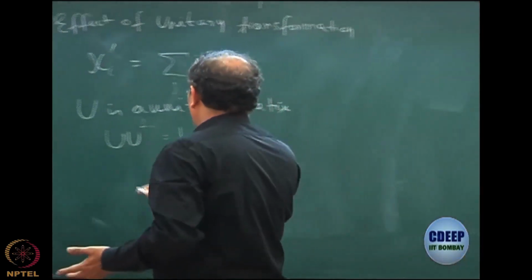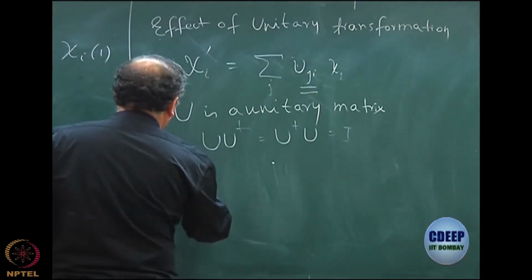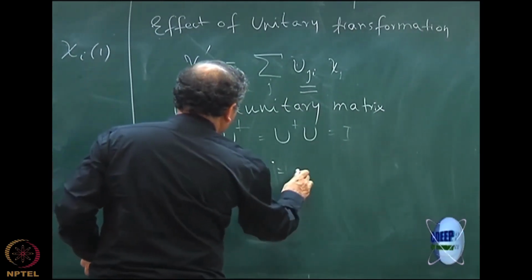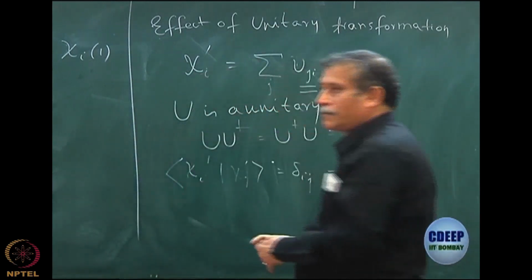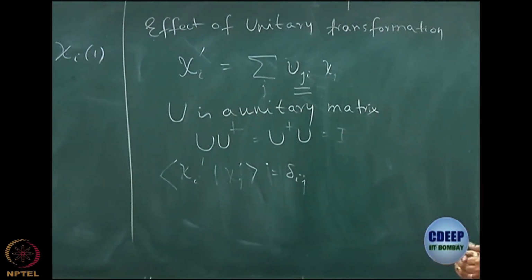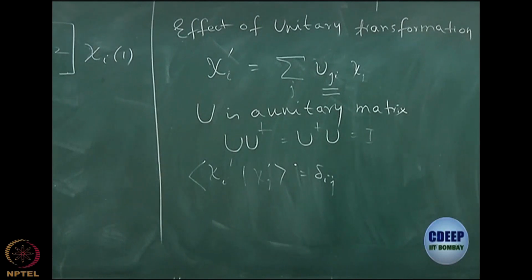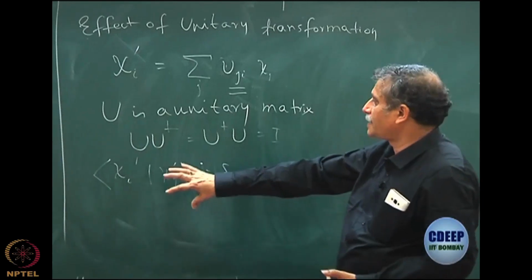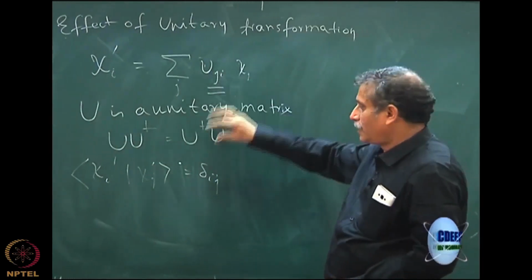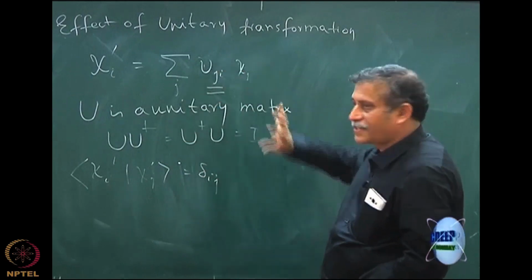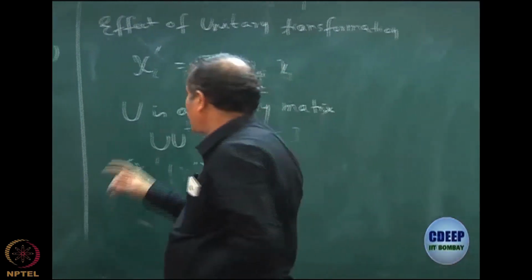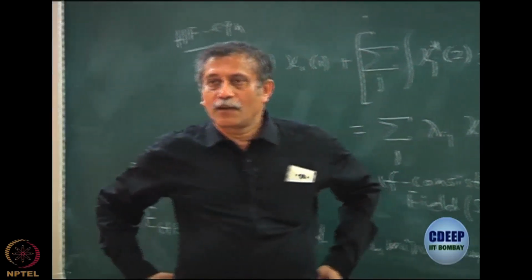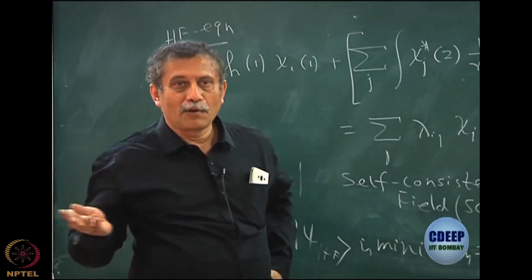So, can you show by this equation that chi_i prime, chi_j prime is also delta_ij? So, how will you prove? What is the strategy? You will expand the left side, with the conjugate, expand the right side as it is, and then show by the fact that U dagger U is identity, this results in delta_ij. I hope all of you can do this. It's a very small home exercise.